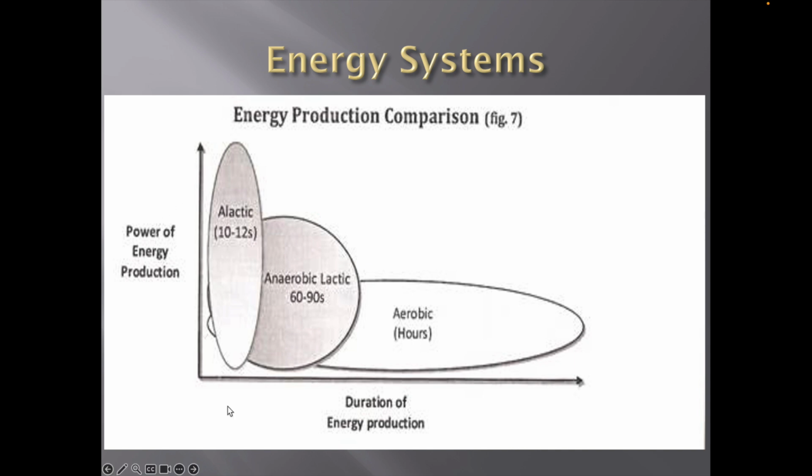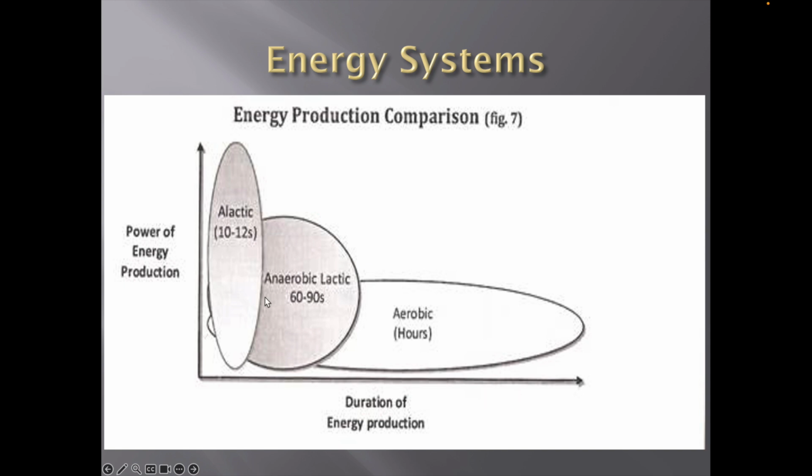If you see here on this diagram, we've got the power of energy production, meaning how much force is needed. Towards the bottom would be low force, towards the top would be high force. Along the x-axis here is the duration of energy production, or how long I need to produce this force.